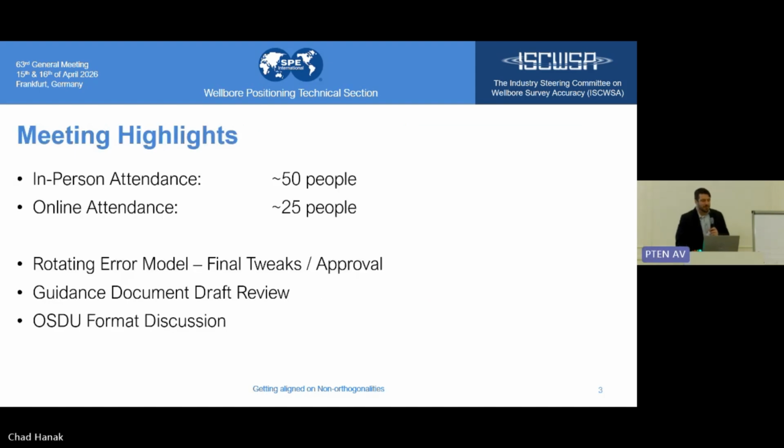For some meeting highlights, we had about 50 people in person and 25 online. So a rather large group. It was so large, Carol attended, potentially her first error model subcommittee meeting, because the education subcommittee meeting was at a slightly different time. But the three main things we discussed: we're trying to push the rotating 6-axis magnetic survey error model across the finish line, and then review a guidance document that we wish to release with that, or shortly after that release.